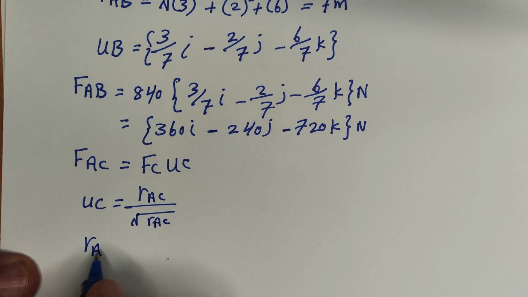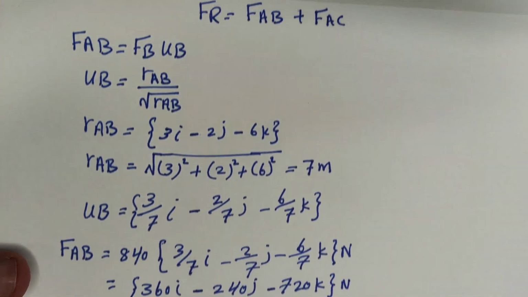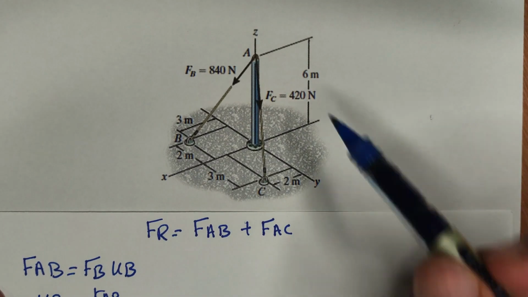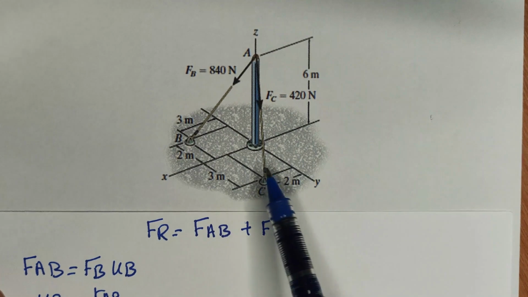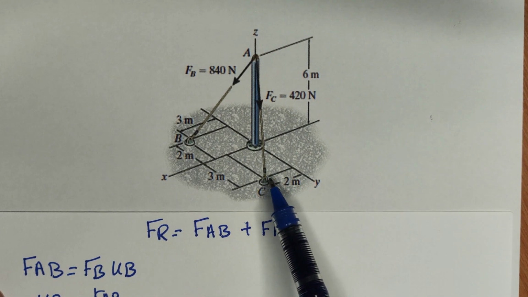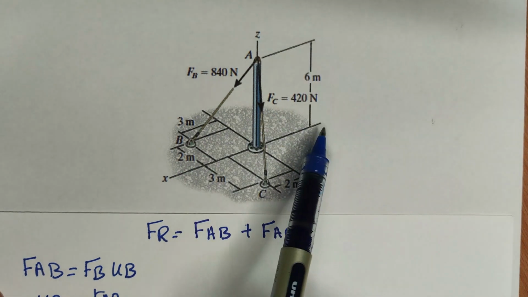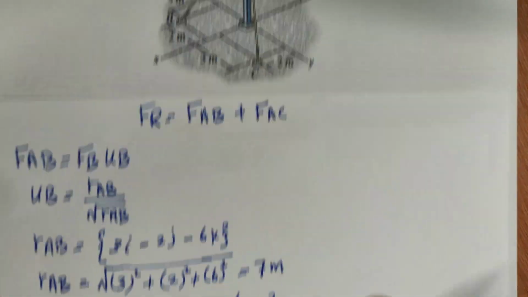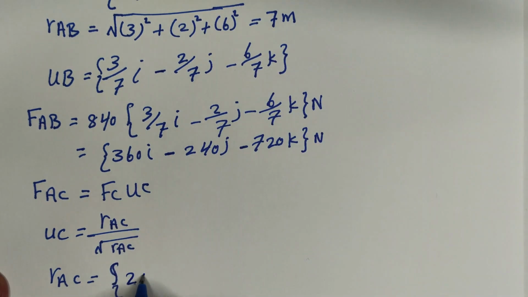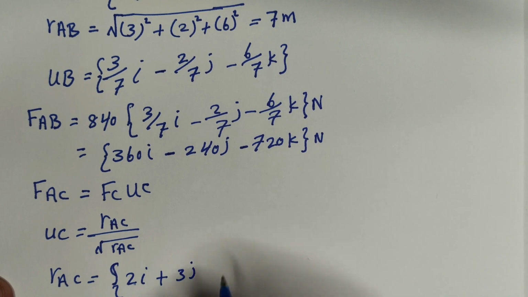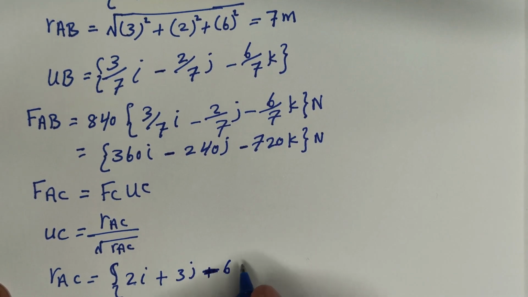The position vector RAC itself, when we look at this diagram, is positive 2 meters on the x-axis, positive 3 meters on the y-axis, and finally negative 6 meters on the z-axis.